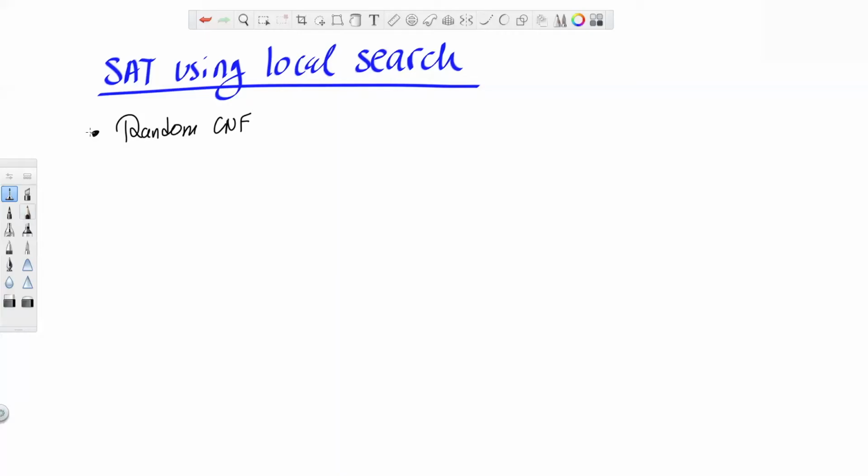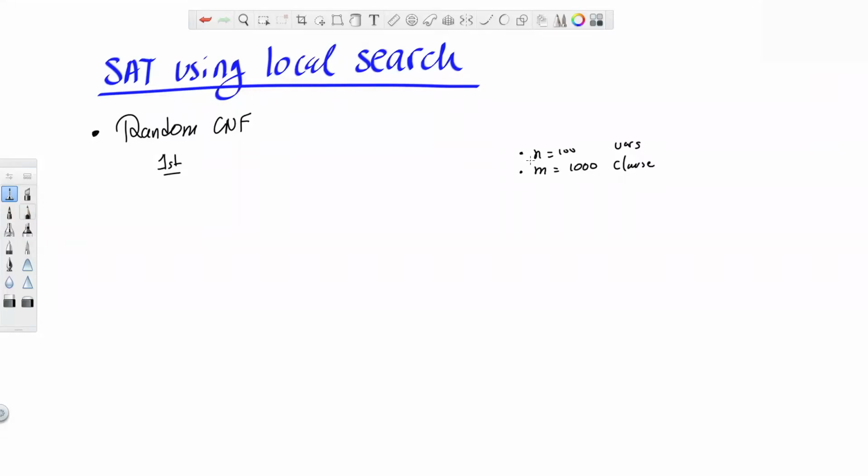So let's just have a word first on what happened there with random CNFs. The first proposal was, let's say I have n = 100 variables, and let me generate 1,000 clauses randomly. So you go, okay, first clause, I have 100 variables. That's 200 literals, since every variable could be either positive or negative.